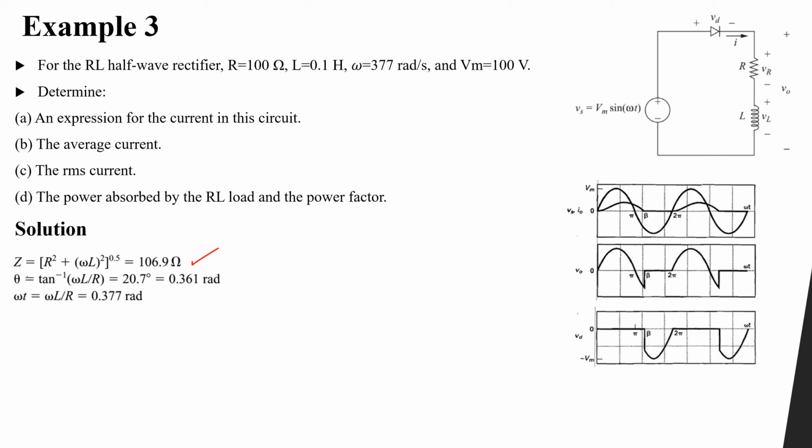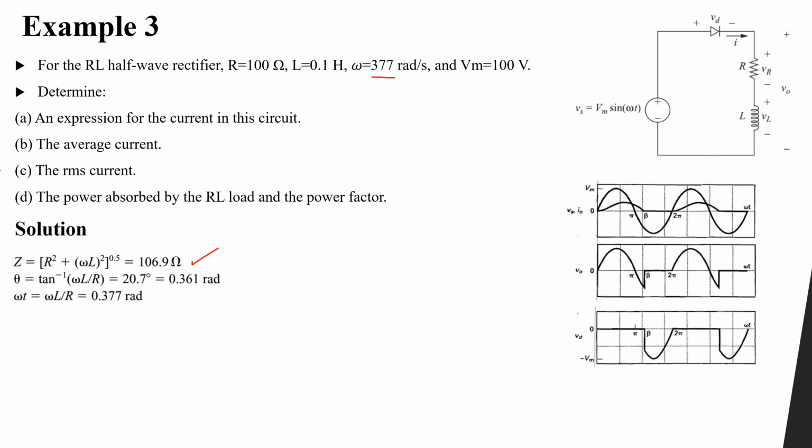Number 2, we need the phase shift between current and voltage. The phase shift will be tan inverse of omega L over R, which gives 20.7 degrees, or 0.361 radians. And we need omega tau, not omega t.